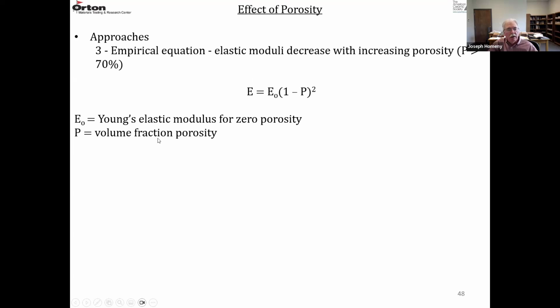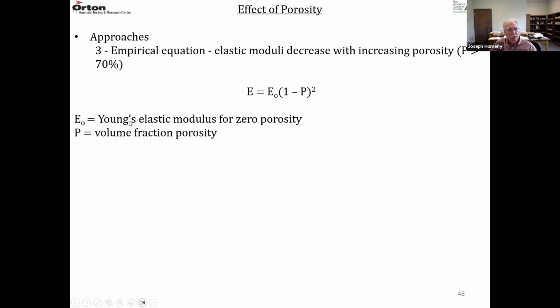And then I think this is the last empirical equation I have showing the effect of porosity on the elastic moduli. And this one applies for highly porous materials, insulating materials. So the porosity is usually greater than 70% for this equation to be useful.